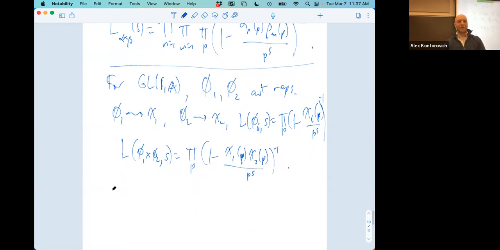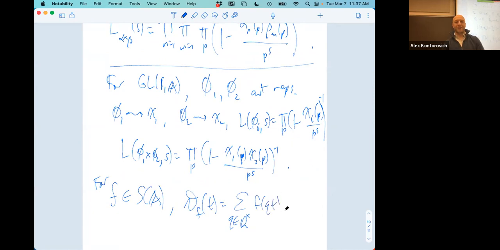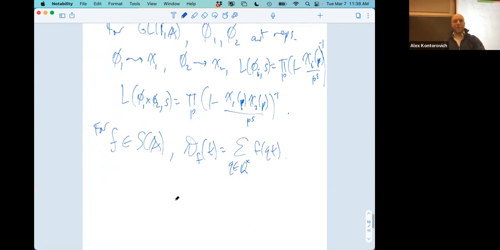So recall, for F an adelic Schwartz function, we have our theta function of F, which is a sum over Q in Q cross of F of QT. And what I want to do is look at the following integral, the integral over the adeles modulo the rationals, which is where the theta function is defined.